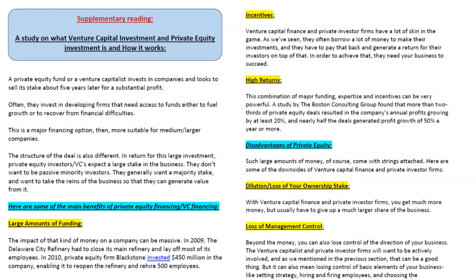Now, some benefits of venture capitalist investment: equity financing means large amounts of funding. These are big companies. They can give your business a whole lot of money if they trust in your capability. Second, they give you good incentives as well, which means they have good connections and good advisory panels, which can be good for small businesses.